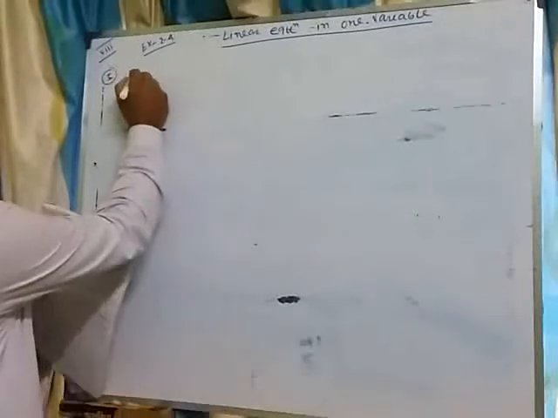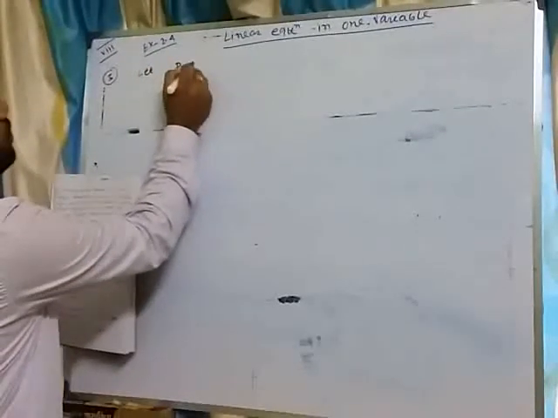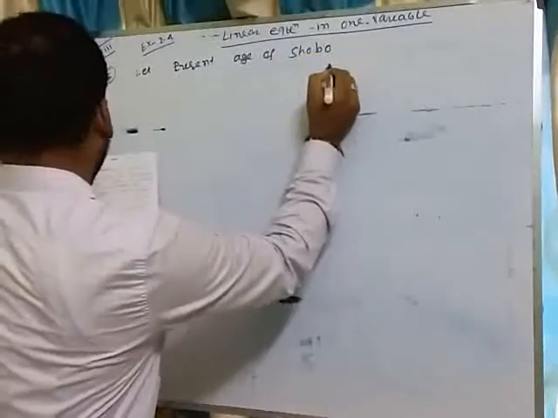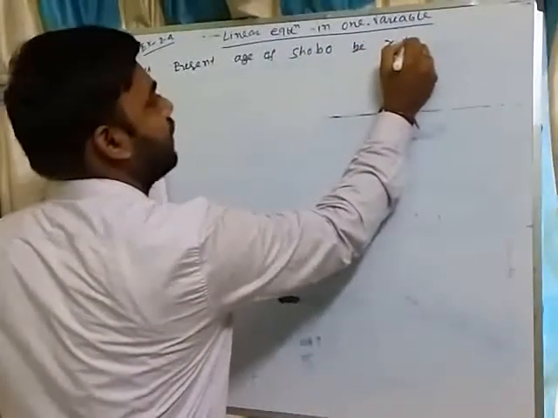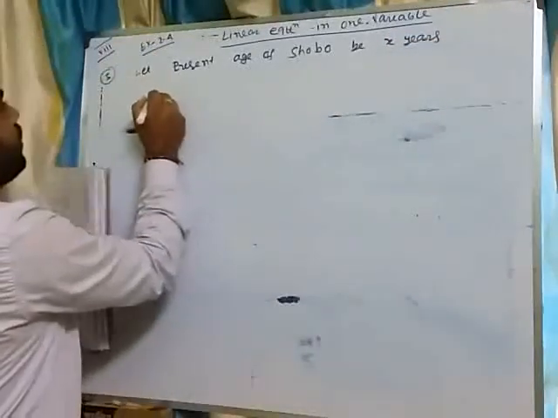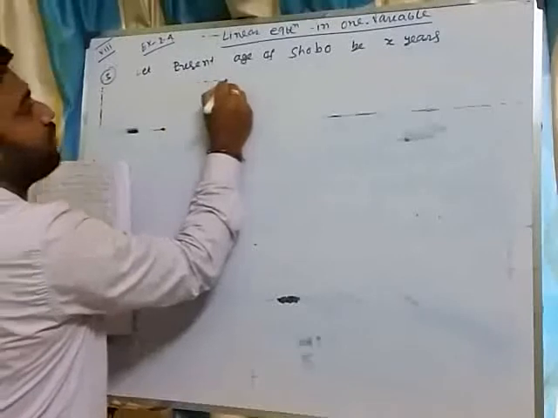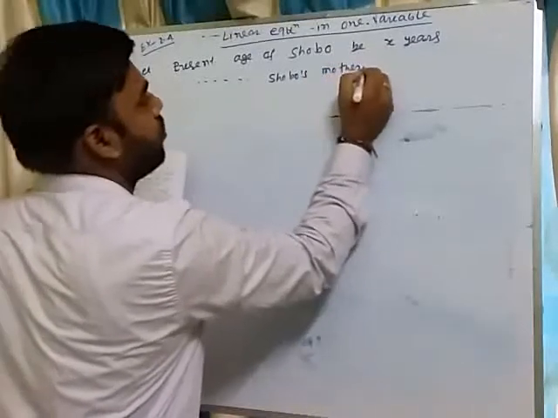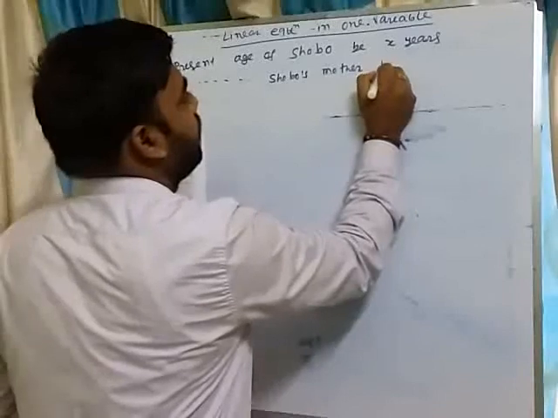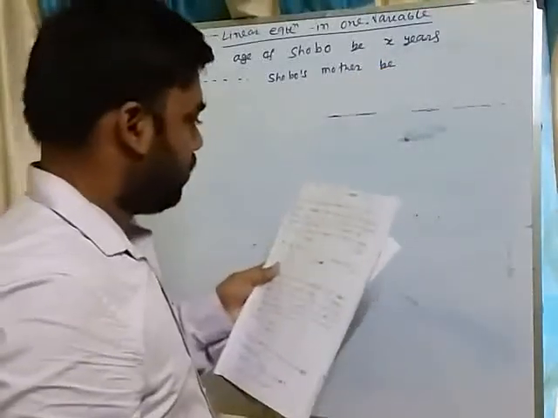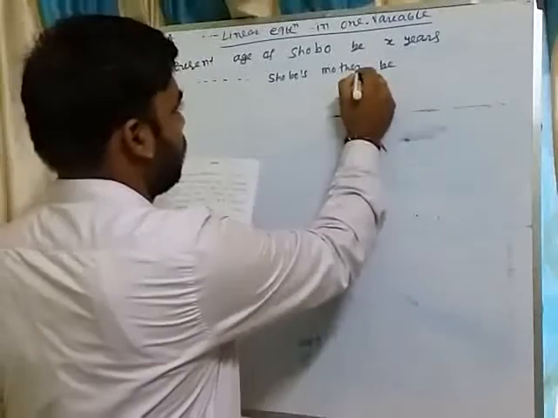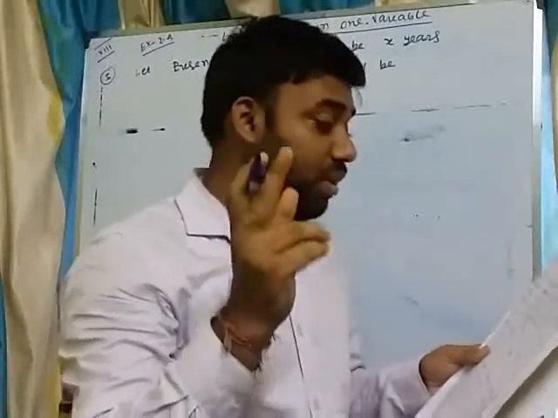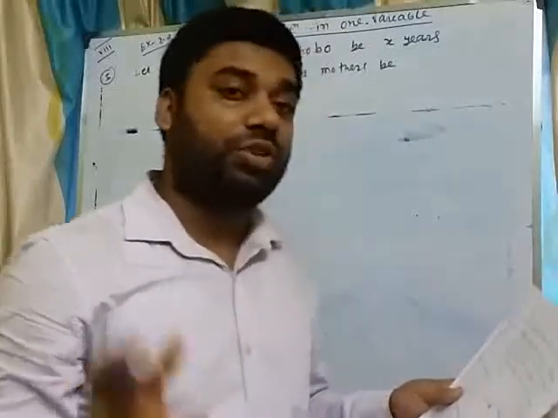I am taking the present age of Sobo be x years, and the present age of Sobo's mother be y. It is given that Sobo's mother's present age is 6 times Sobo's present age.